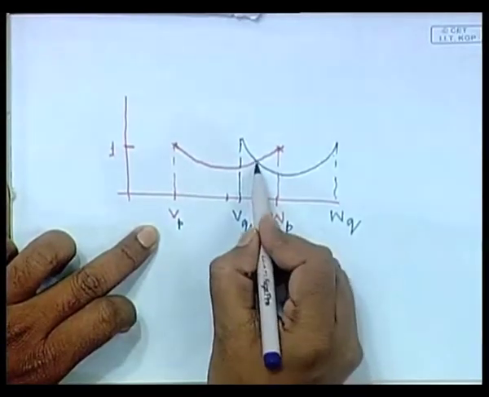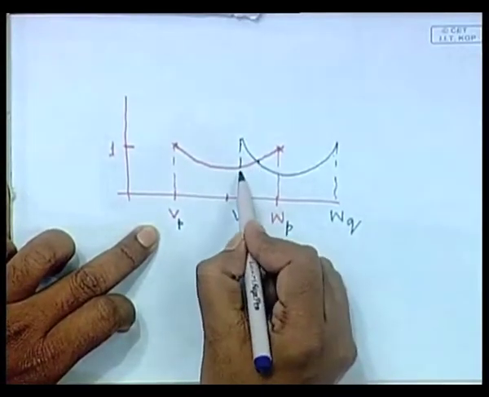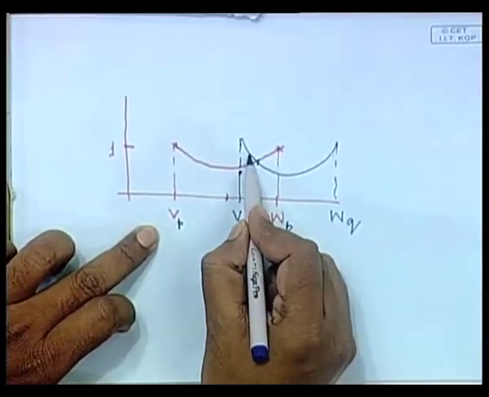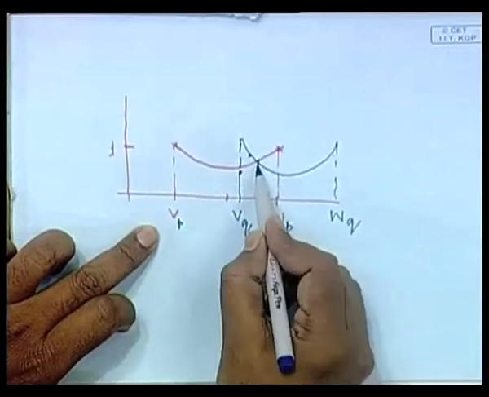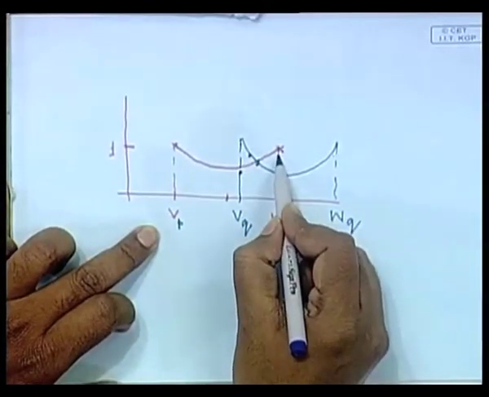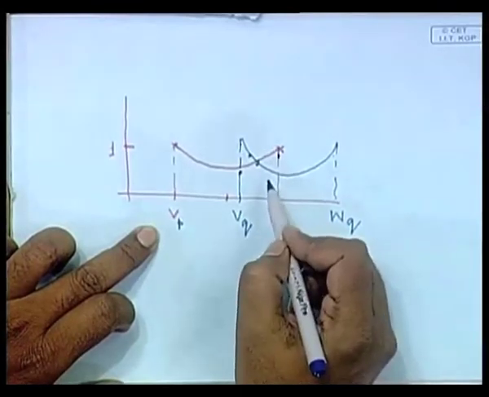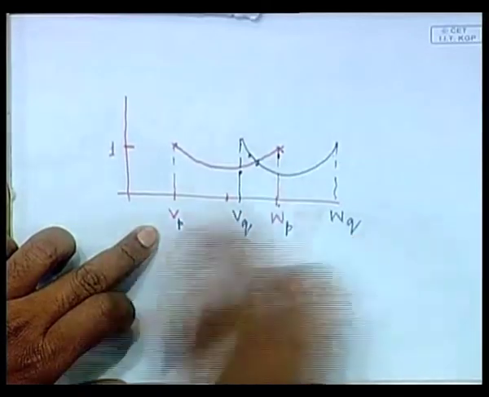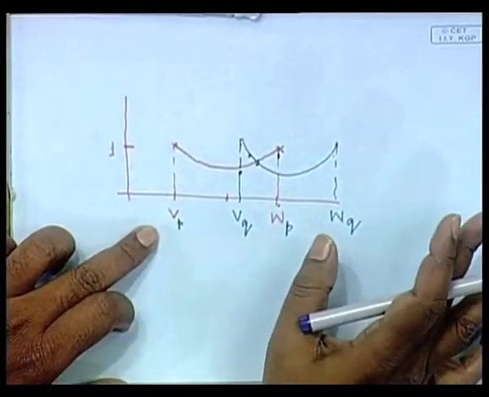So, you find that if the point is nearer to V_q, the compensation given by this is more. If it is nearer to W_p, the compensation given by this is more. This is another hyperbox.